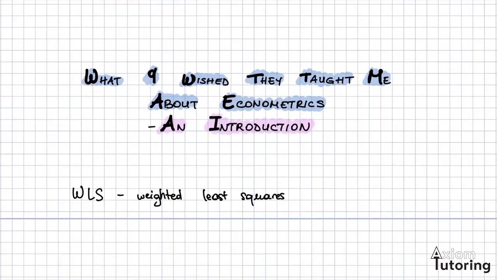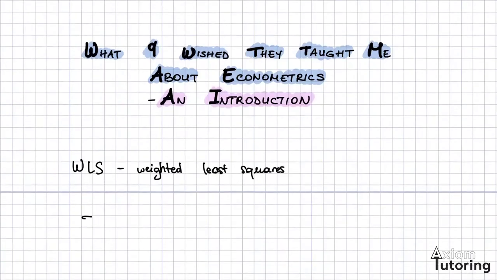The problem with OLS is that it minimizes the sum of squared residuals. So we have seen countless times, this is the minimization of the sum of the squared residuals u_i squared, i from 1 to n. And in here, every observation gets the same weight.